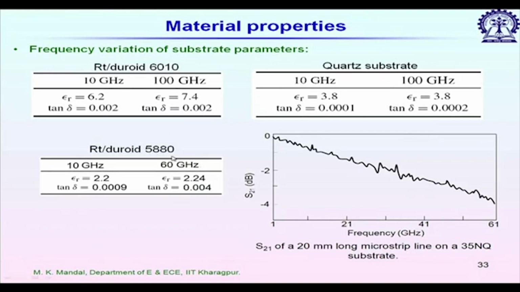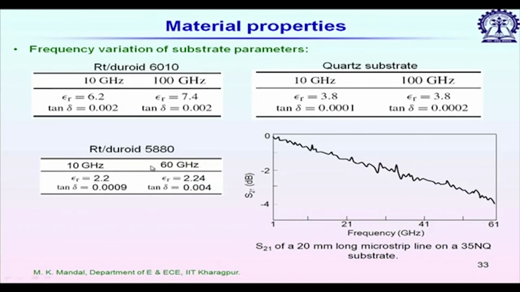Now, another popular material, RT 5880. Already we have seen the value given by Rogers Corporation at 10 gigahertz: epsilon r is 2.2 and tan delta is 0.0009.